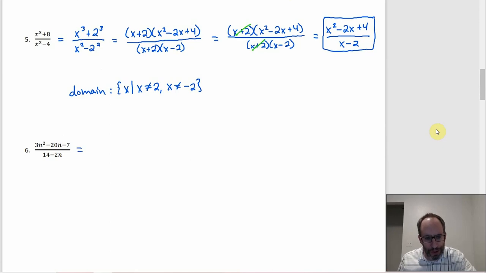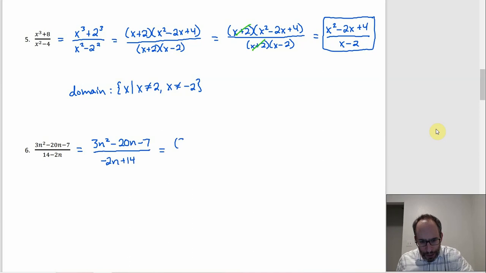So I'm just going to rewrite this. I'm going to leave the numerator alone, 3n squared minus 20n minus 7. And then on the bottom, that's going to be minus 2n plus 14 if I write it in standard form. Then the numerator does factor, so we need a 3n and an n to get the 3n squared.